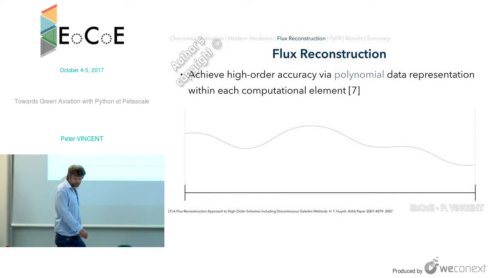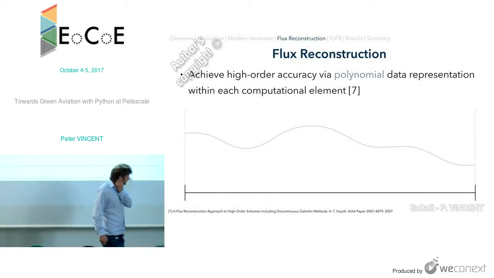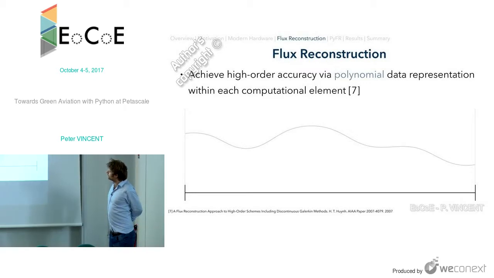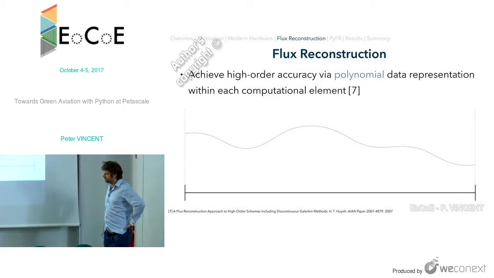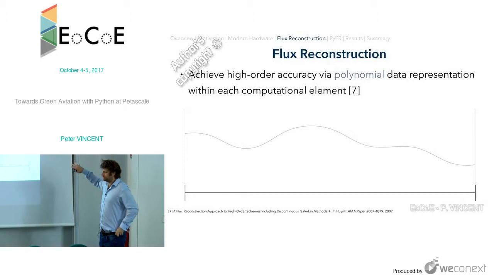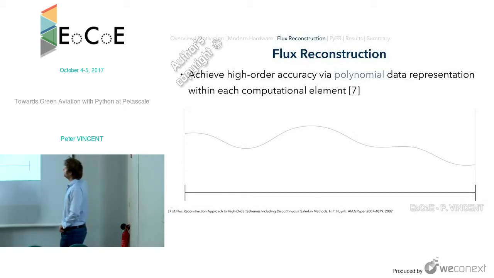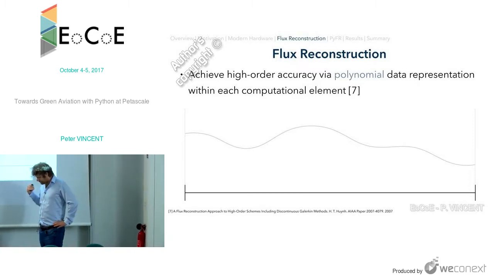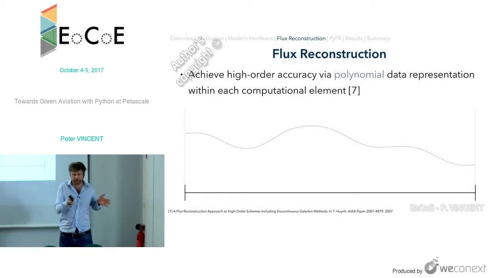This is a sort of schematic I've put in now. It doesn't really go into too much detail about the algorithms, and there's a bit more detail in a second, but just to give people a flavour if they haven't got any familiarity at all. So broadly, the way these algorithms get high order accuracy is that they represent the function, the underlying flow solution, using high order polynomials.